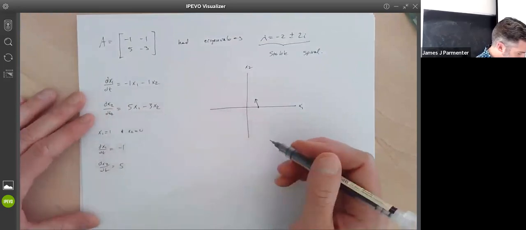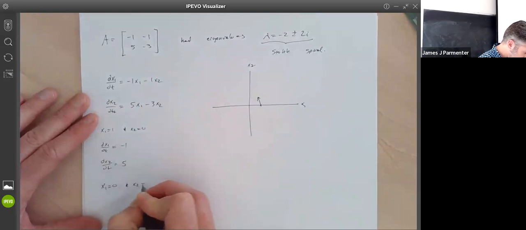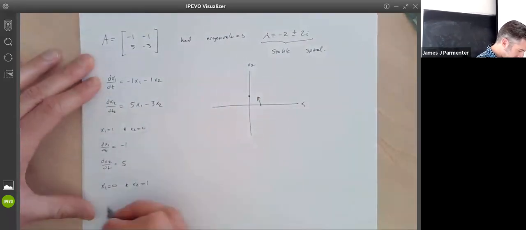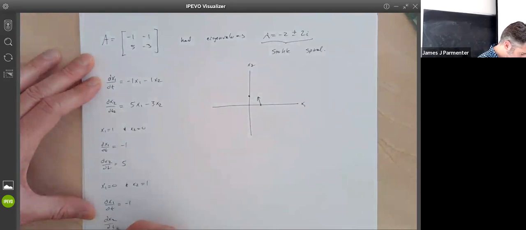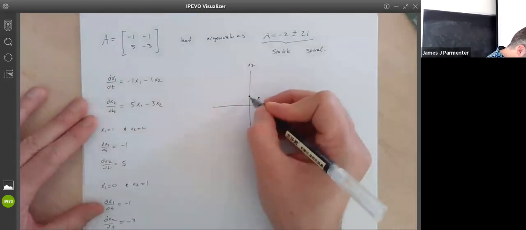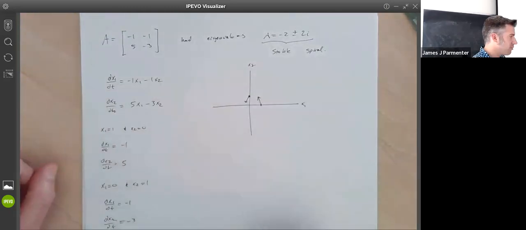But we could test another point. Let's test x1 equal to 0 and x2 equal to 1. Plugging in those values, I get dx1/dt equal to -1 and dx2/dt equal to -3. So now I'm going left and down. 1 left, 3 down, so more down than left. Yeah, that's looking pretty counterclockwise.